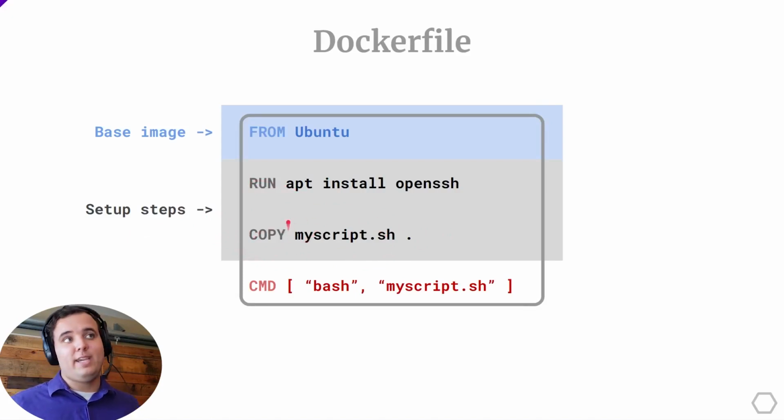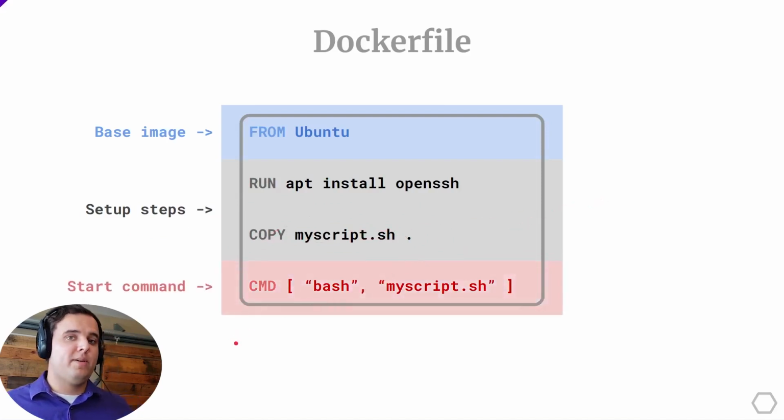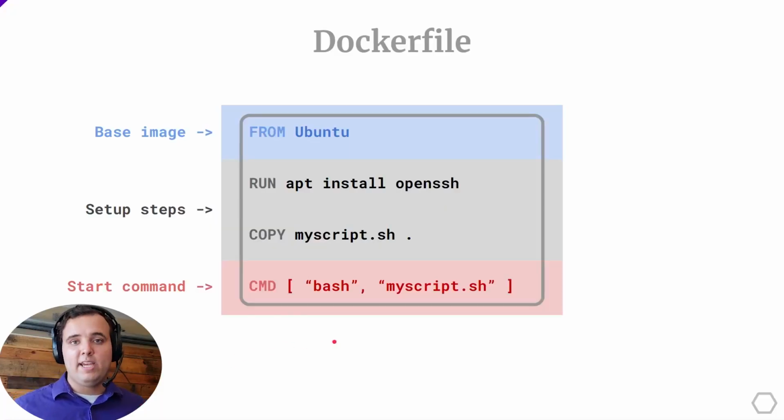My application just consists of a quick myscript.sh, so I'm copying that in. And then lastly, we have the start command. This is a special command that says, when the actual container starts, this is the process that I want to kick off. So this is my actual application. In this case, when the application starts, I'm going to run bash and then my script, so it's going to run my script with bash.